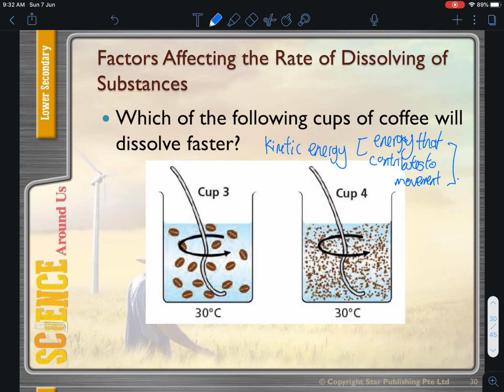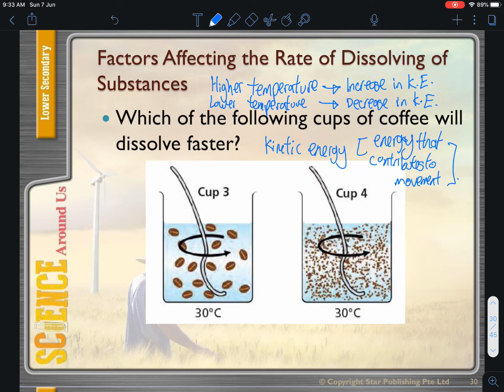The higher the temperature of the substance, the higher the increase in kinetic energy, while a lower temperature will result in a decrease in kinetic energy. So these are some of the items that can affect it.